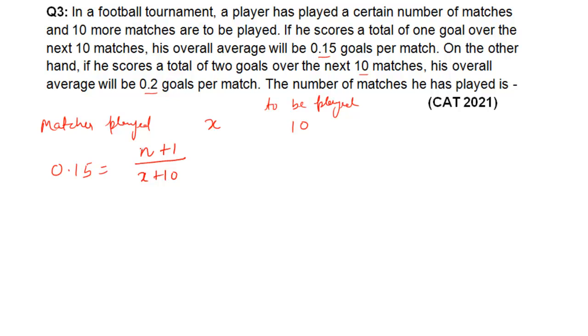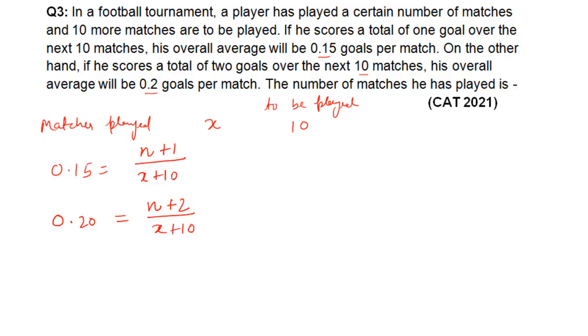So we get one equation: n plus 1 divided by x plus 10. Now in the second situation, if he scores 2 goals, the average is 0.2, so it is n plus 2 goals divided by x plus 10 matches, right? This is the simple thing we have to understand.